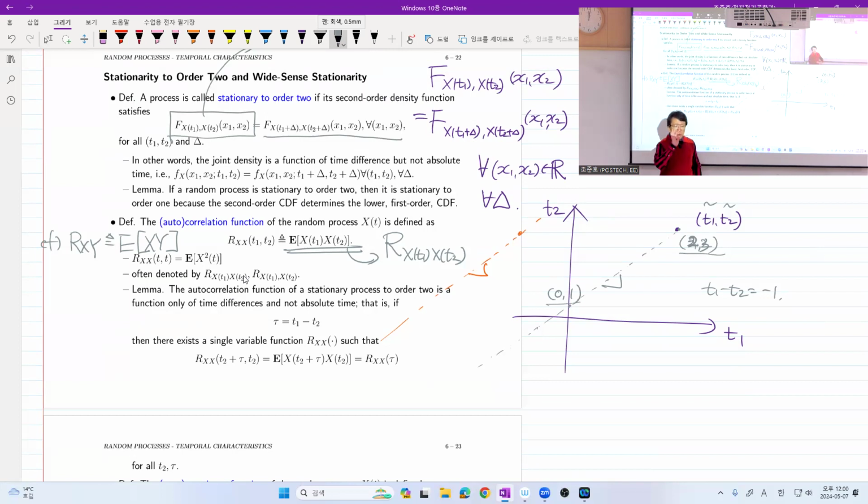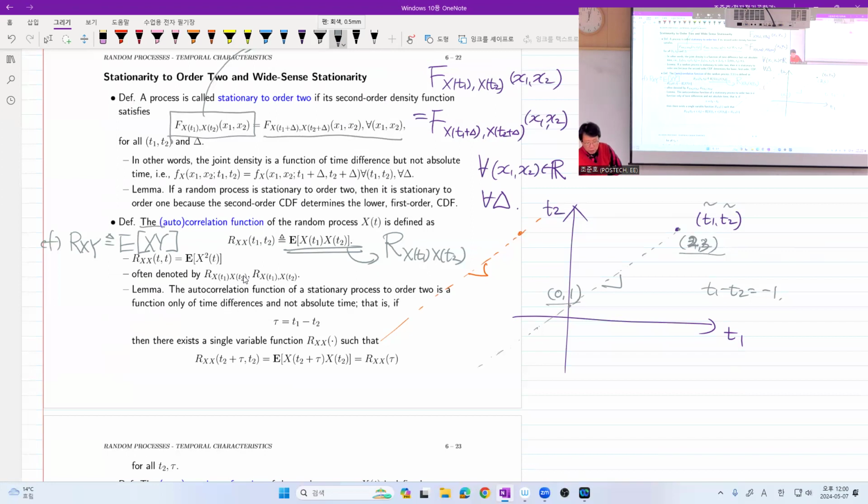Because when we define a function, we name the function, so we name it f. And then we put a colon, and we put the domain, and a right arrow, and the codomain, right? Similarly, you may just say that this is a two-dimensional function, capital R sub XX, colon, R squared into R, something like that. And what is the name of this two-dimensional function?